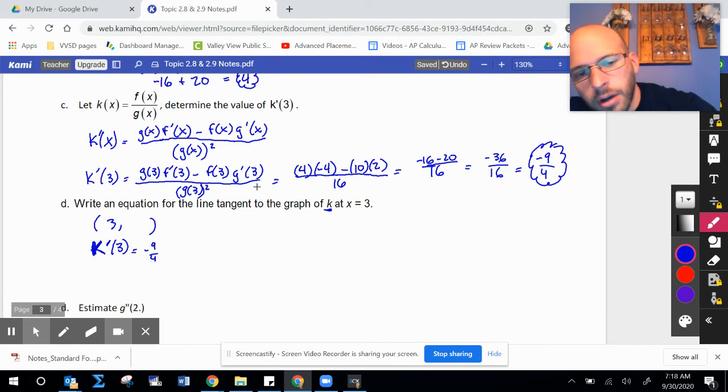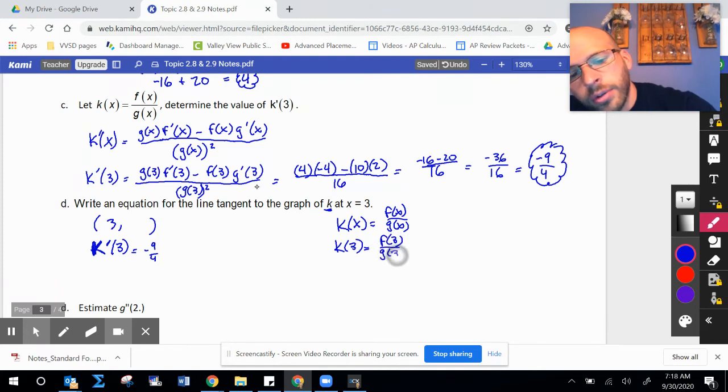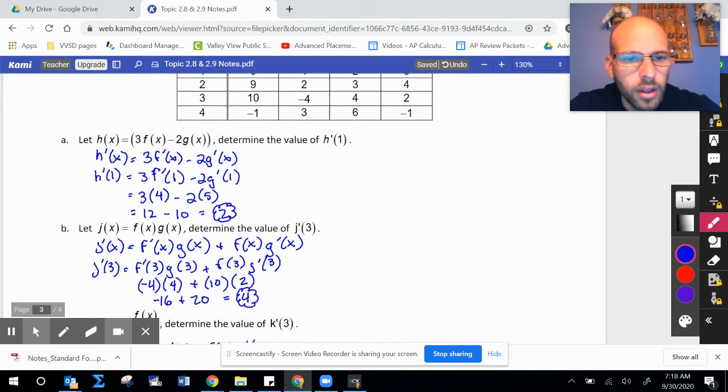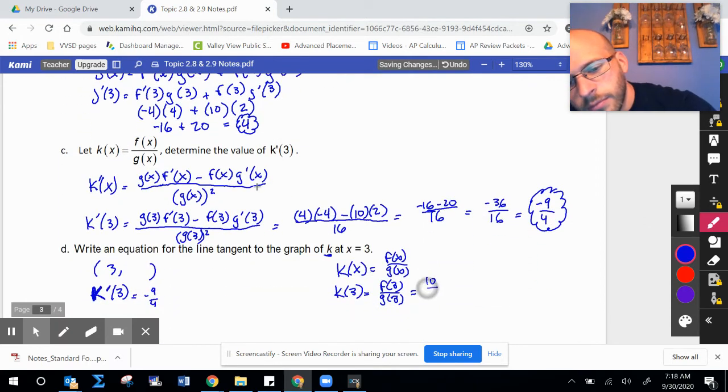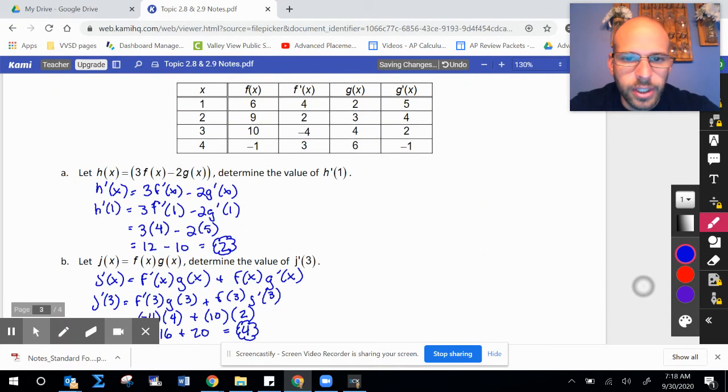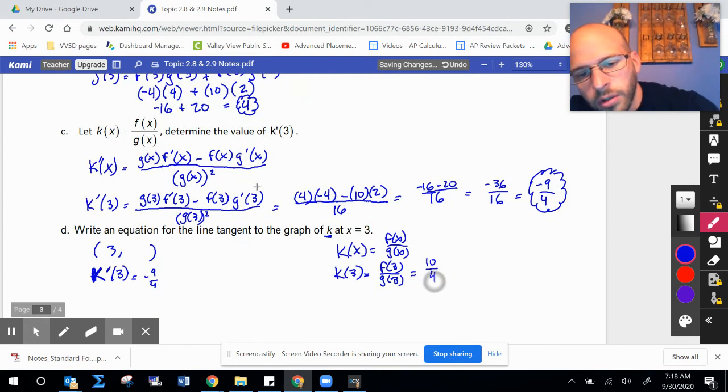Now, if you remember, k of x was just f of x over g of x. So if I want to know k of 3, I want to do f of 3 over g of 3. So f of 3 is 10. g of 3 is 4, which gives me a 5 over 2.